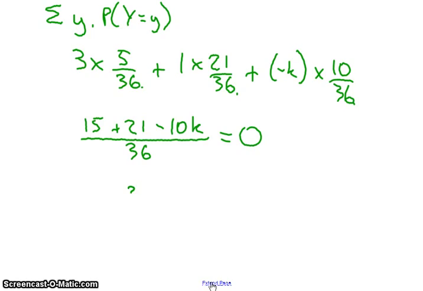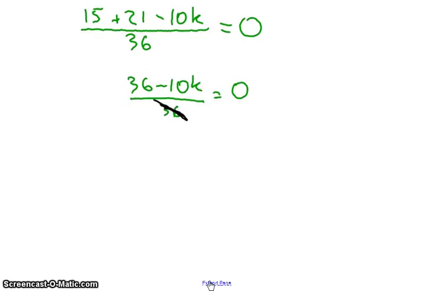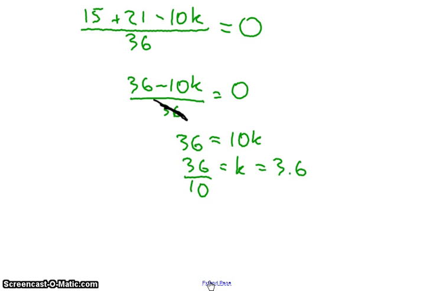Simplify the top, we get 36 minus 10k over 36 equals 0. But if this fraction is equal to 0, it's not the denominator that makes a difference, it's the numerator. So actually that means that 36 minus 10k is equal to 0, 36 equals 10k, and k is equal to 36 on 10, or if you like decimals, 3.6.